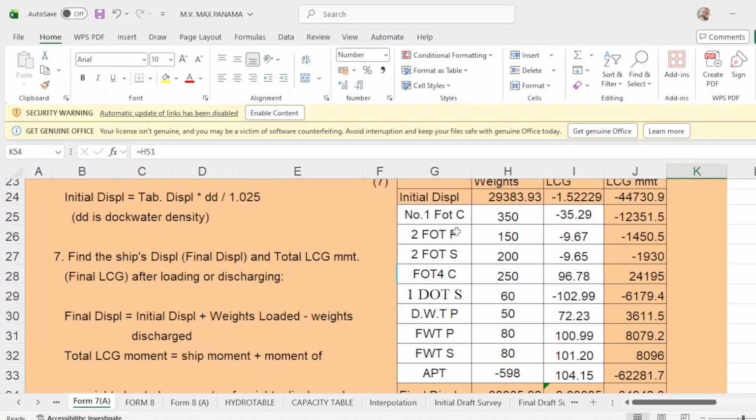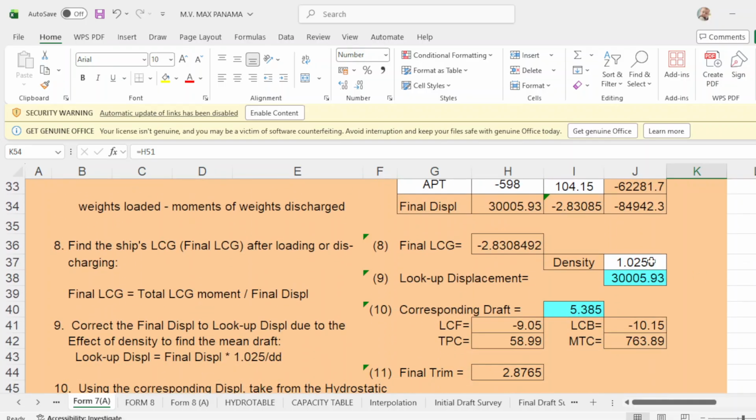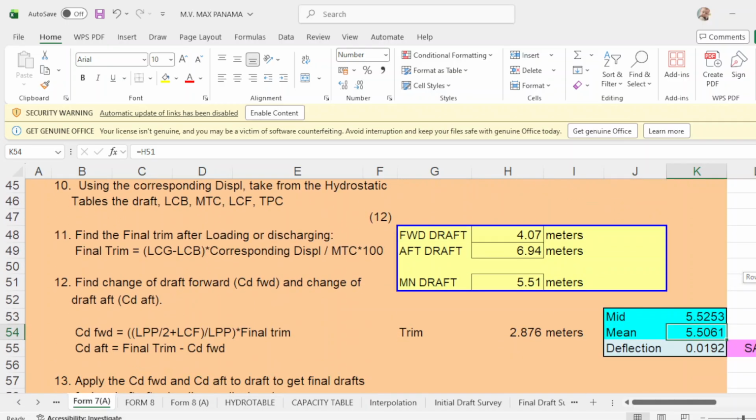Okay, the compartment, the weights, and the LCG, and here you fill in the density, then automatically it will give you the draft forward and aft, and your deflection here is 0. Then there's another program similar to this, this one.